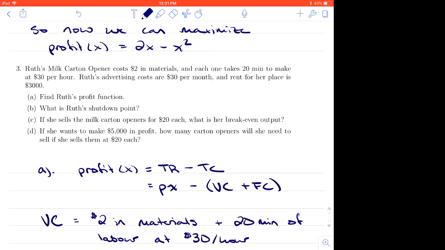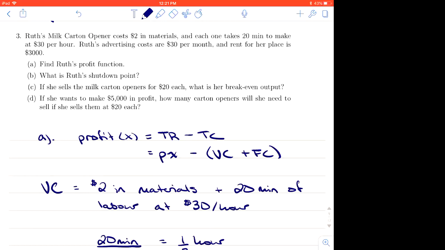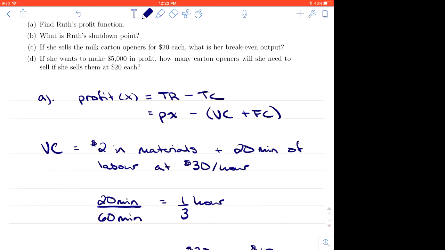We could go on and ask, well, part D. If she wants to make $5,000 in profit, not 0 anymore, so we want some fixed profit, then how many does she need to sell? Same idea as we just did, just a better profit to deal with. We're still selling them at $20 each.